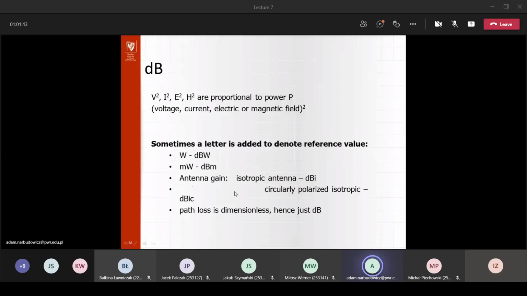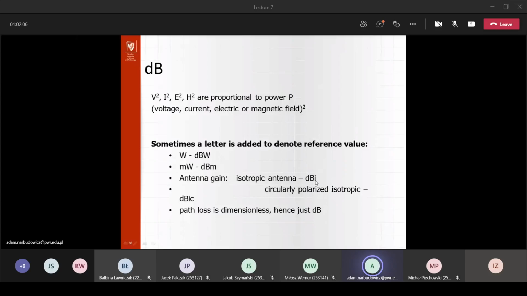Then when we're speaking about antenna gain, which will be in the next few slides, antenna gain is by definition dimensionless. However, typically we would use the isotropic antenna as a reference, hence dBi for isotropic.